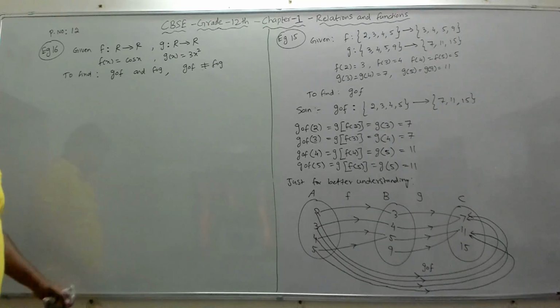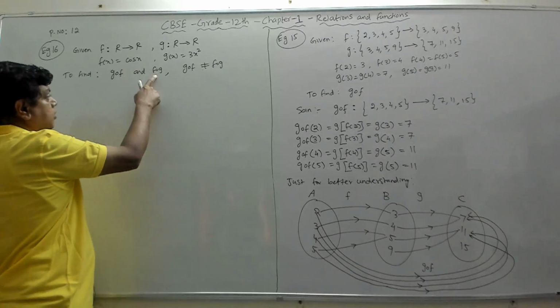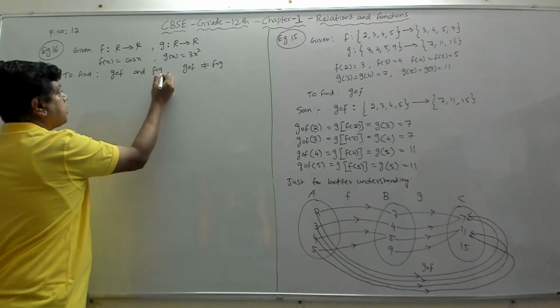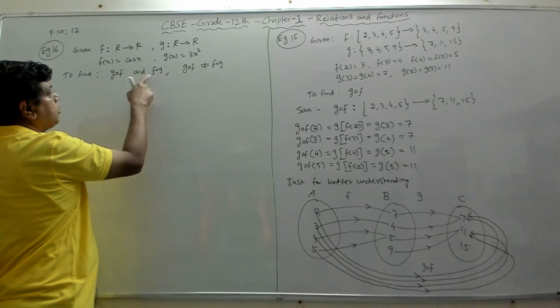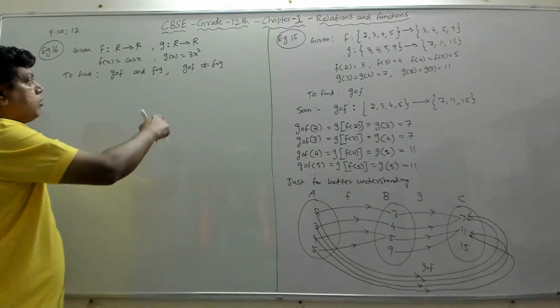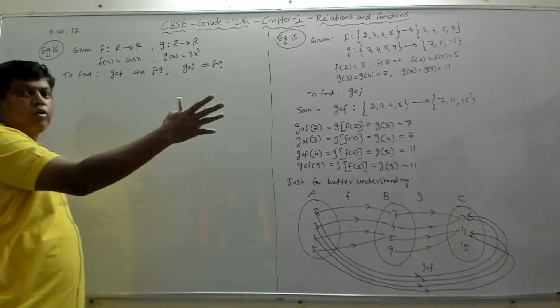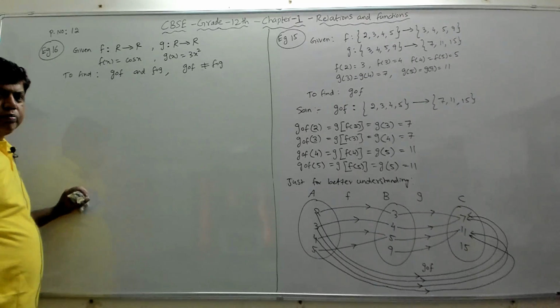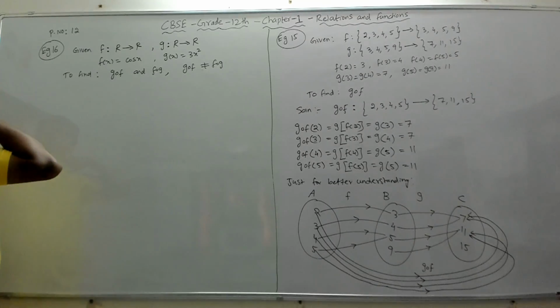We have to prove that g of f is not equal to f of g. We have to find this function and this function. This is f of g function, this is g of f. We have to find both the functions, and then we should show that they are not equal functions. That also we should show.